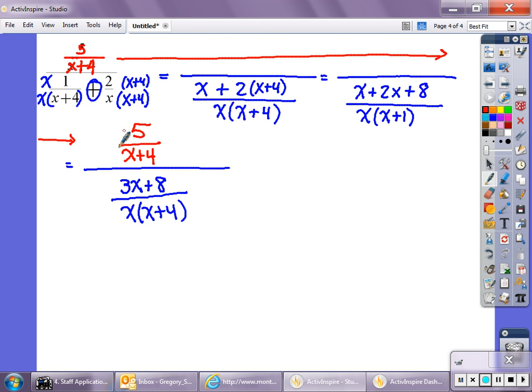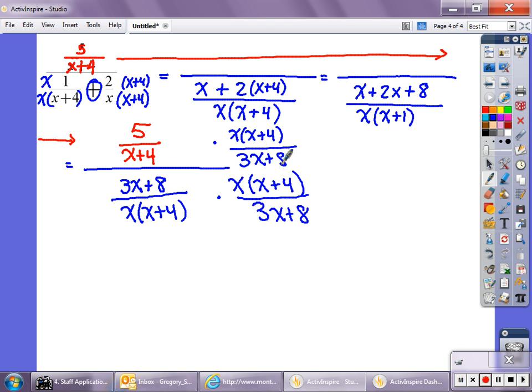Now that we have one fraction in the top, one fraction in the bottom, it's time to multiply by the reciprocal. So we multiply by x times (x plus 4) over (3x plus 8). But if I do it in the bottom, I need to do it in the top. 3x plus 8.